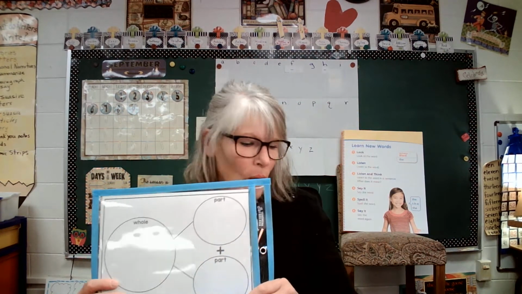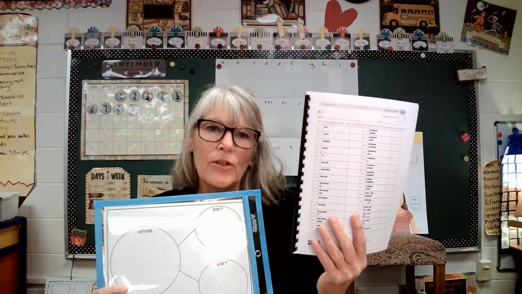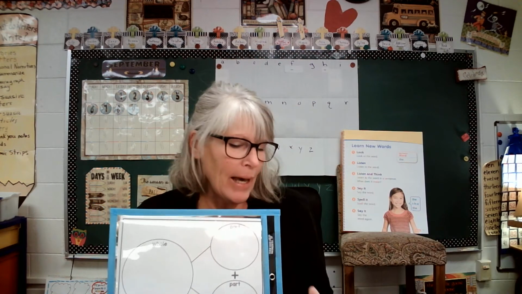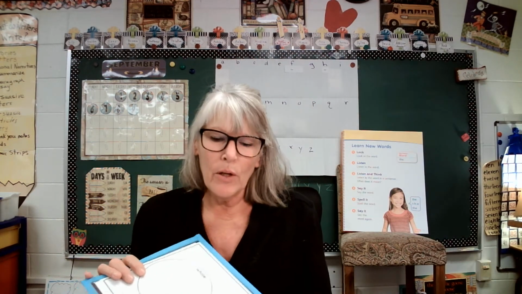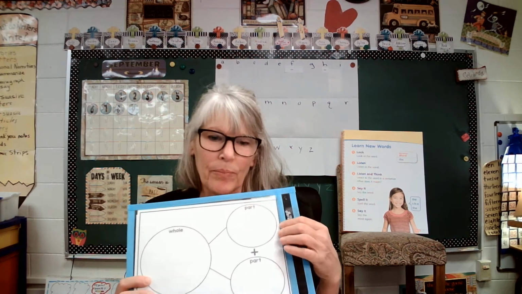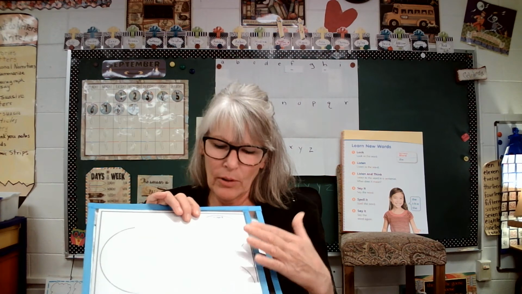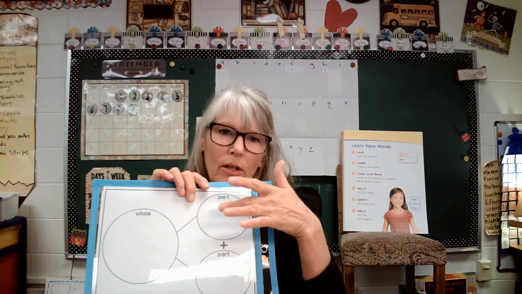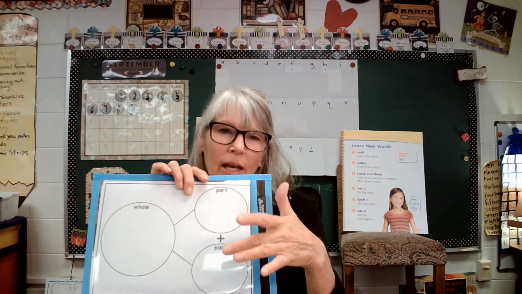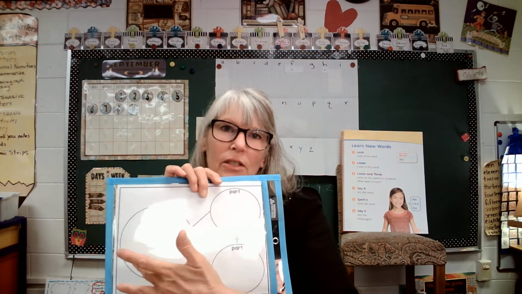Let's move on to using our part whole. The sprint that we're going to be doing today is adding one more. So you'll start with one number and add one more. We're going to use this side of our board. We're going to start with a number and add one more to get our total.